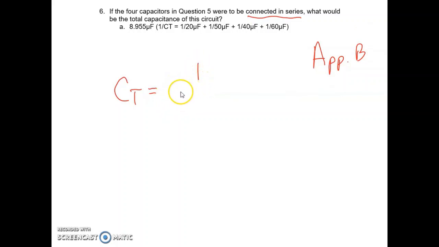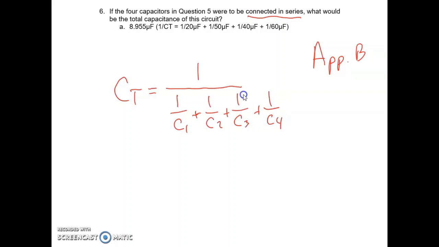It's this formula here. And if we do this math, we end up with this value here, 8.955 microfarads.